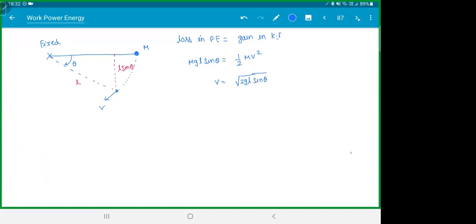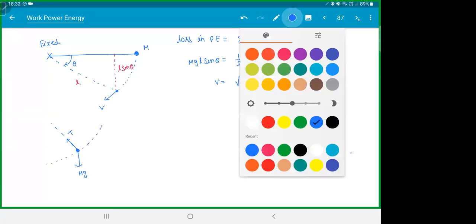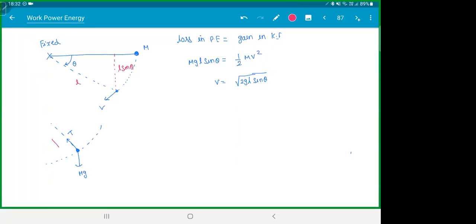Second thing, you ask me for tension. If you ask for tension, there's only one way to do. You have to draw a free body diagram. So if you draw a free body diagram, the forces are tension, mg, and you are going in a circle. So there is a centripetal acceleration and there is a tangential acceleration.